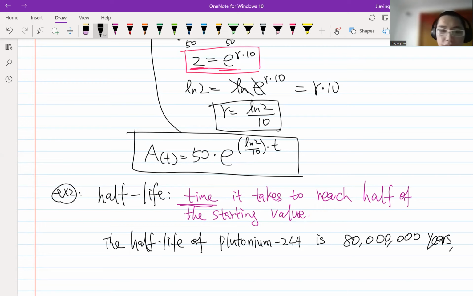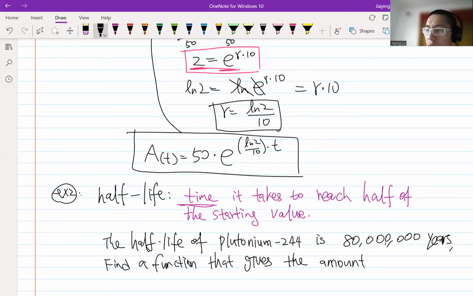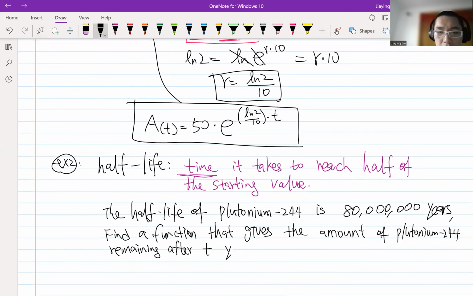So find a function that gives the amount of plutonium 244 remaining after 2 years if we begin with A milligrams.